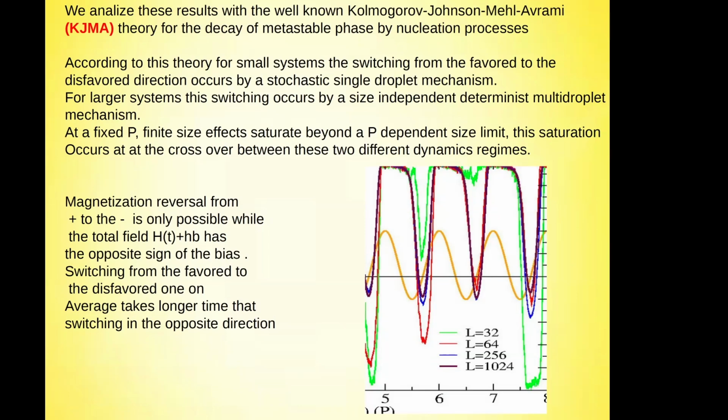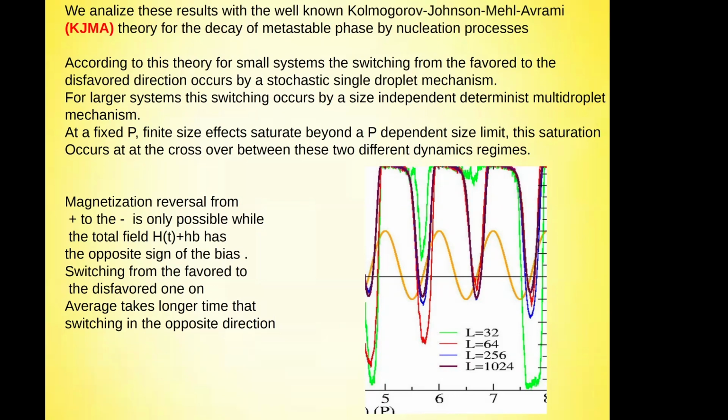So the switching for a small system from the favored to disfavored occurs by a stochastic single-droplet mechanism. For larger systems, the switching occurs by a size-independent deterministic multi-droplet mechanism. And this is related, of course, with the time.